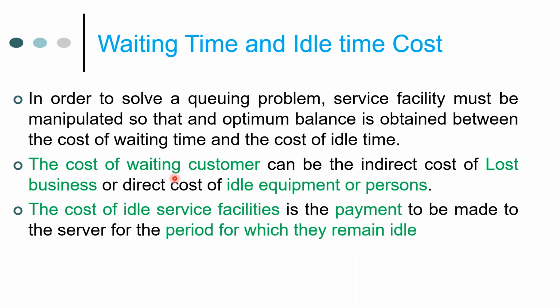If the queue was shorter, or there was no queue, the customer would have arrived at the same petrol pump, and the owner or service provider would have made some business and earned some money, but that business is lost due to the very lengthy queue.